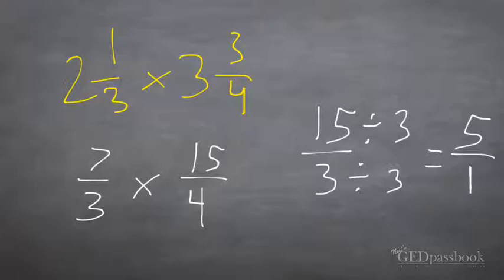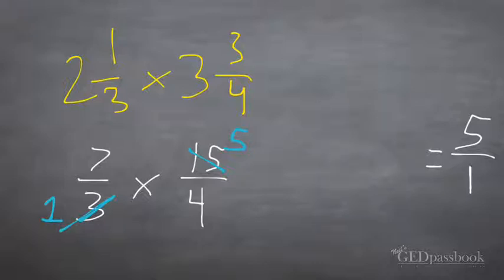So again, this is a good example of the trick. What we do now is substitute my new problems. That 15 became this 5. This 3 became that 1. So my new problem looks like this.